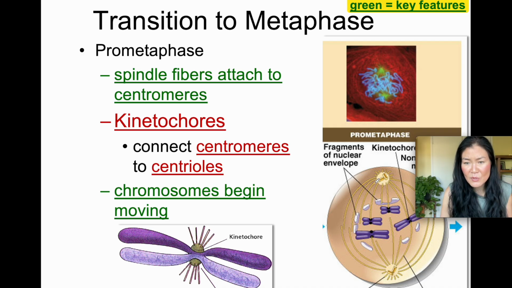And the spindle fibers start to attach to the chromosomes at what we call the kinetochores. Kinetochores are proteins that are attached to the sister chromatids. So if I were to draw, here's my chromosome, then the kinetochore proteins, there's one attached to each sister, and microtubules will attach to the kinetochores like so, okay?